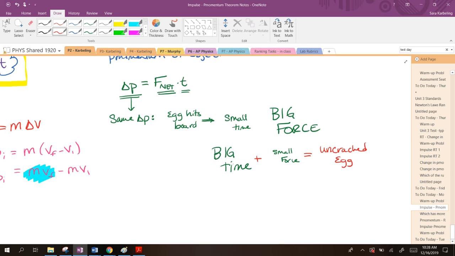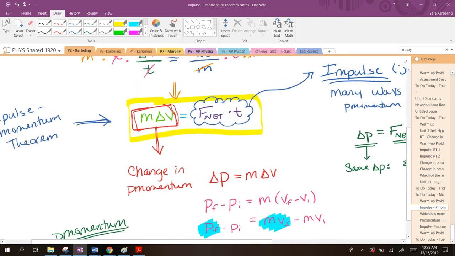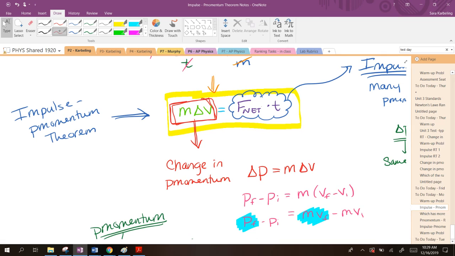Which means you have an uncracked skull, a better likelihood of survival. Moral of the story here, friends, is that the Impulse-Momentum theorem saves lives. Yes, it does.